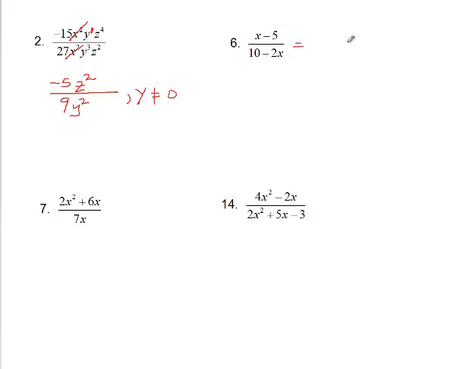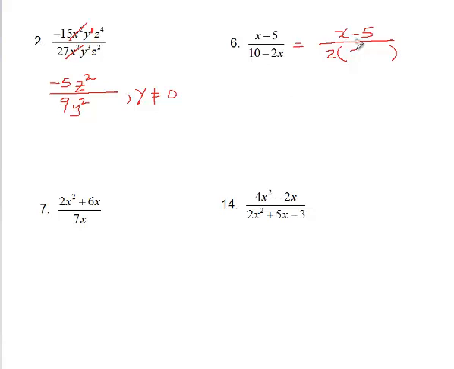However, you should start to recognize what's called GCF, greatest common factor. In the numerator, the top part, nothing is common, so I just write x minus 5. In the bottom part, however, you should see that there's a 2 common. So we factor out 2, and you can't just throw it away, you leave it in front.